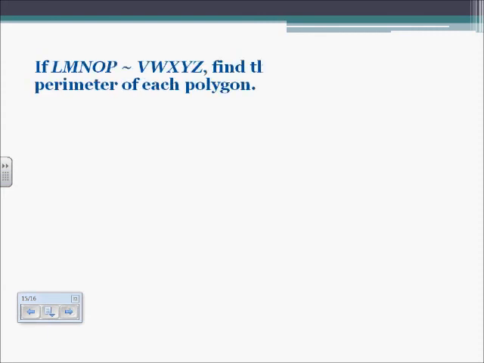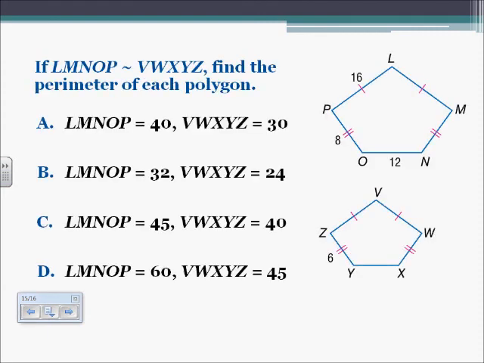Last problem, similar statement. If LMNOP is similar to VWXYZ, find the perimeter of each polygon. Okay, we have to note the things that are similar in both. We have ZY and PO. So we have a ratio of 8/6, which simplifies down to 4/3.